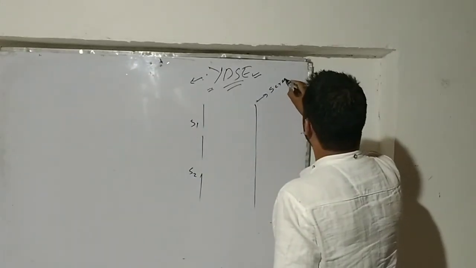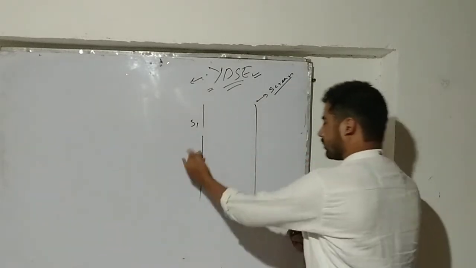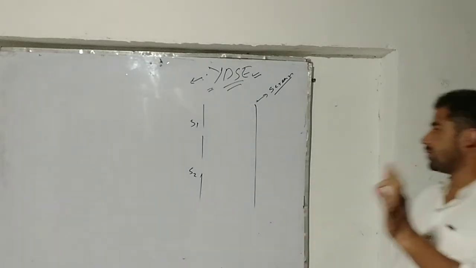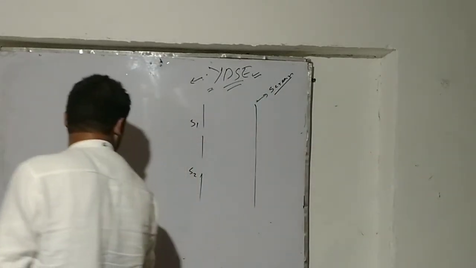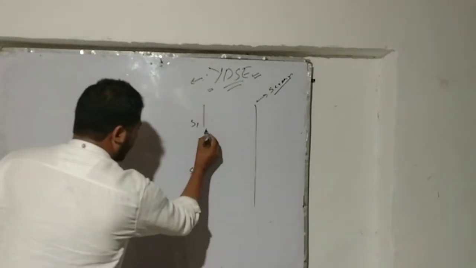Assume this is my first slit and this is my second slit, and this is my screen. The screen is meant for the results we want to know after the passage of light rays through these two little holes that we call slits.